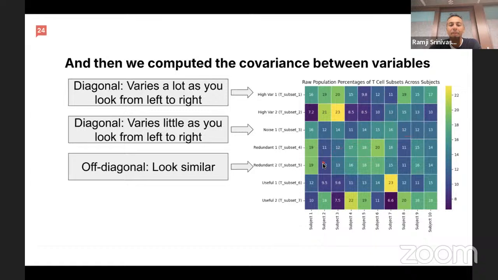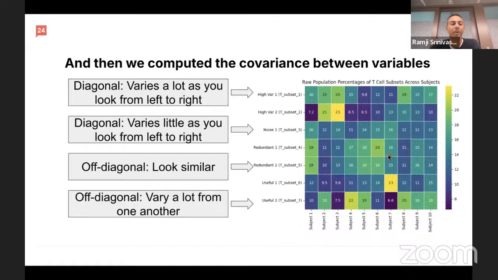Off diagonal, these look quite similar to one another. So if you look at 19, 11, 10, et cetera, T cell subset 4 and T cell subset 5 look very similar to one another. So they're likely going to be redundant. And then off diagonal, these vary a lot from each other. So these are likely to be useful. If you think about this, the high variance population is likely to have a high covariance with itself.